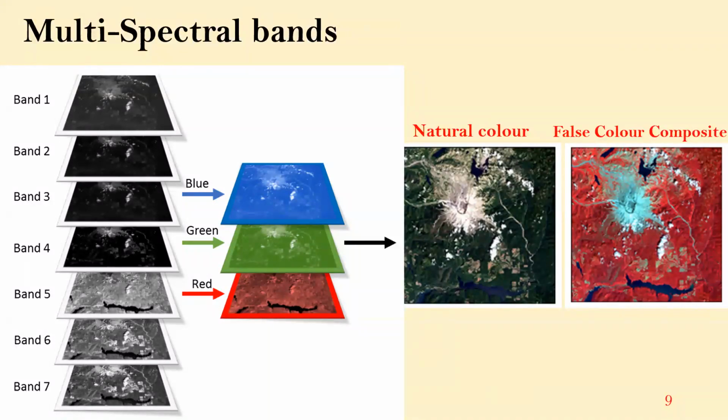Vegetation and almost all other surface features have higher reflectance in the near infrared region. So we replace blue with green, green with red, and the red band with NIR, and the false color composite can be made.